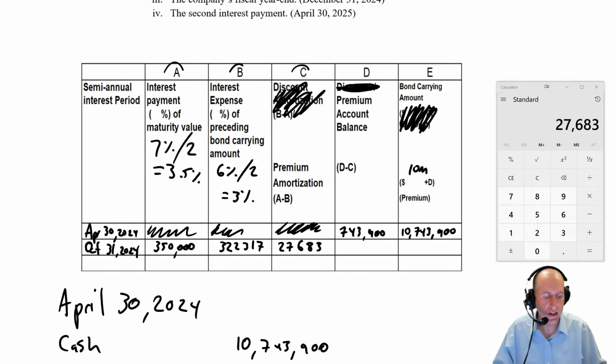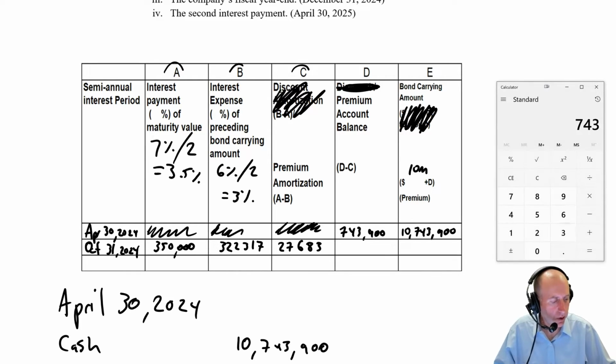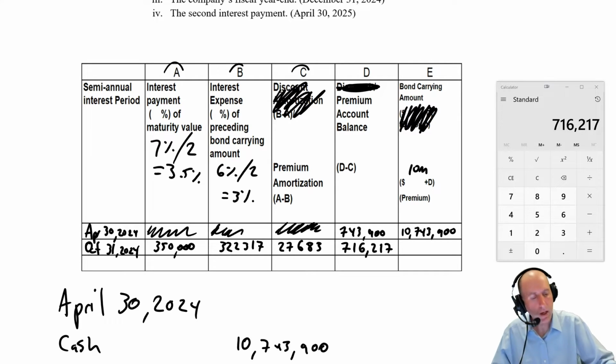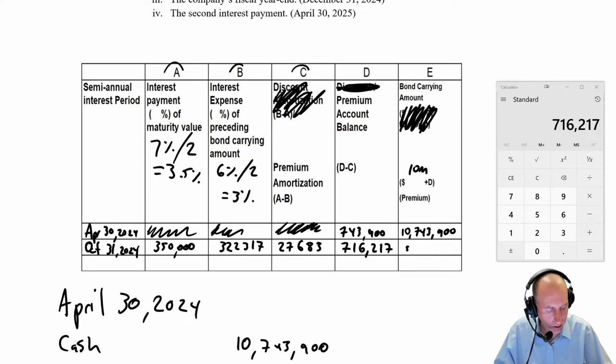Premium account balance, D minus C. 743,900 minus 27,683 is 716,217. And our bond carrying amount, 10 million plus whatever's in column D. So 10,716,217.